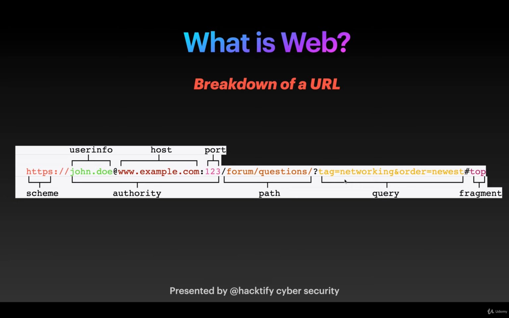So this is again a query that the client is sending to fetch the particular resource from the server. This is also known as a parameter, wherein tag is the parameter and this is the value of it, which is written after the equals sign. Over here, order is the parameter and the value is newest.